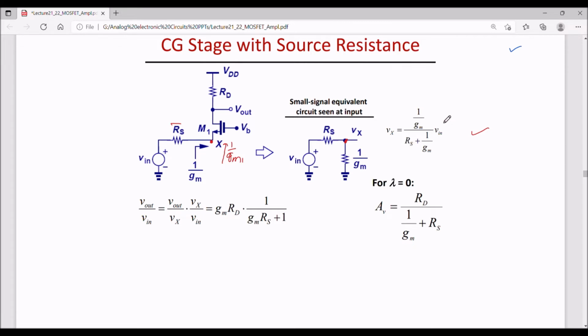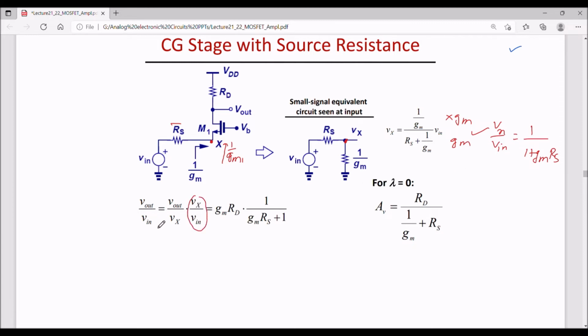If I multiply and divide this by Gm, then Vx by Vin would be 1 by 1 plus Gm Rs. So this Vx by Vin I will need here for finding out the gain.